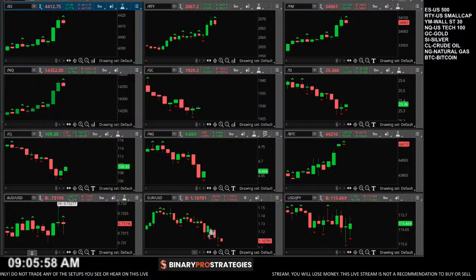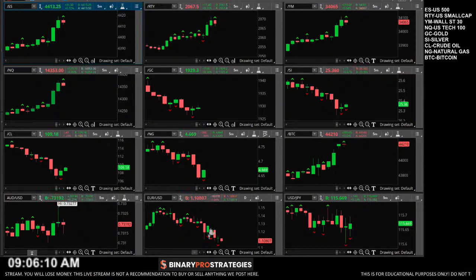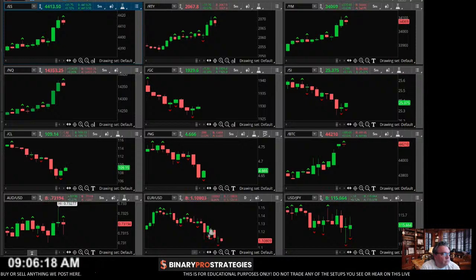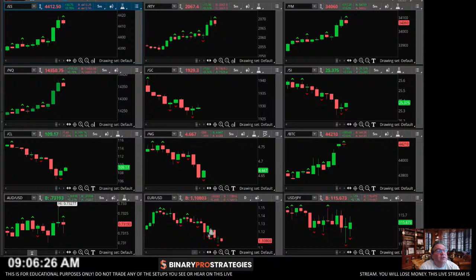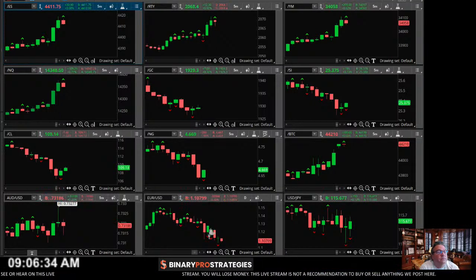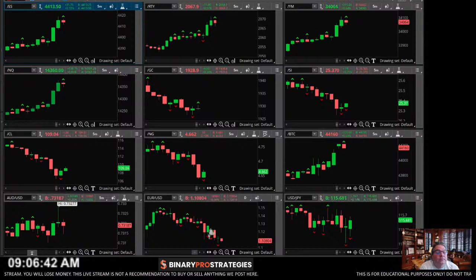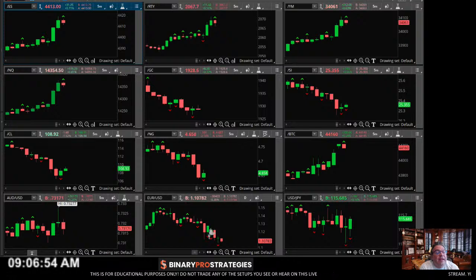Bitcoin getting close to a buy. All right, we do have a buy on the Euro US, and that Euro US buy is going to be coming in at 1.1081.